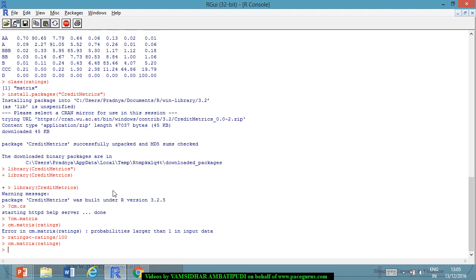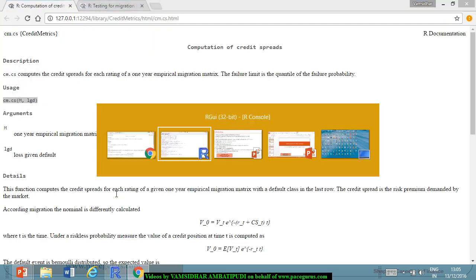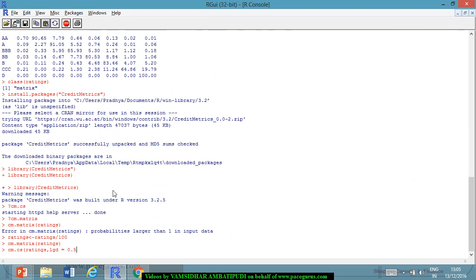So if I say cm.cs, giving my matrix ratings and LGD equal to 0.5, so 50% would be recovered.